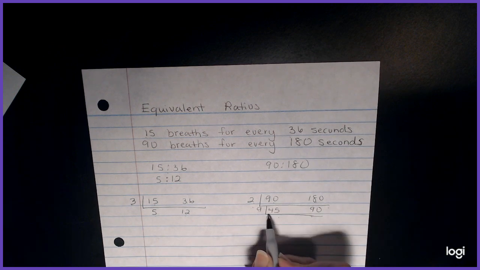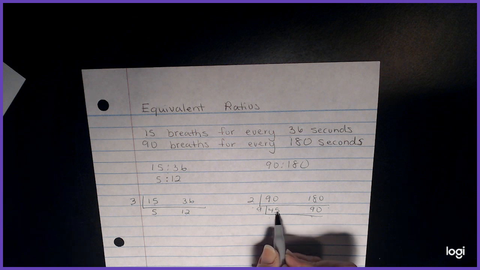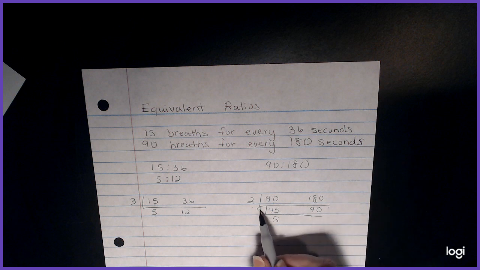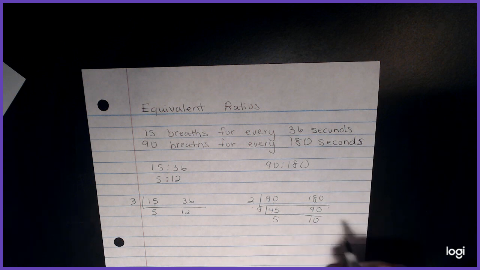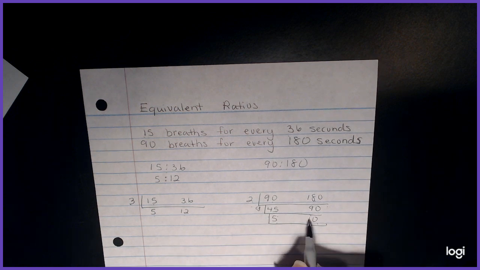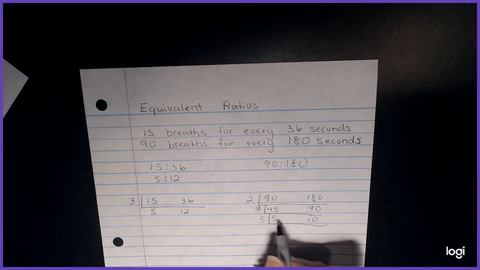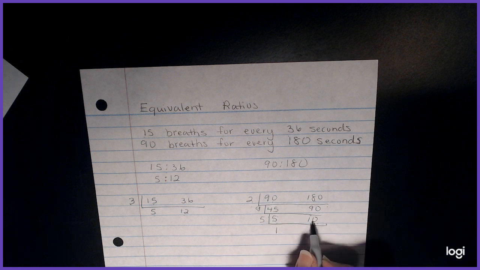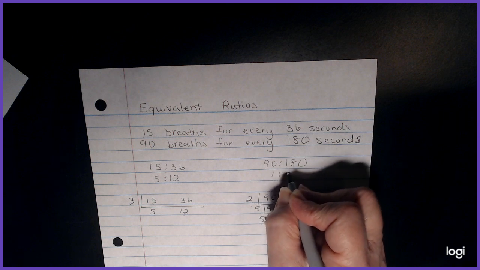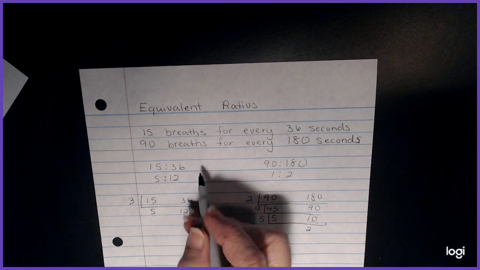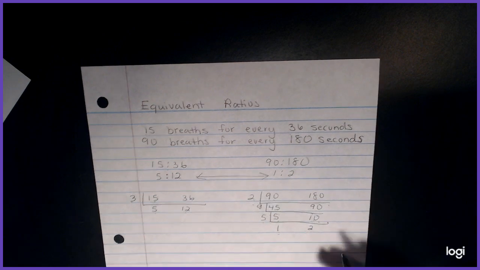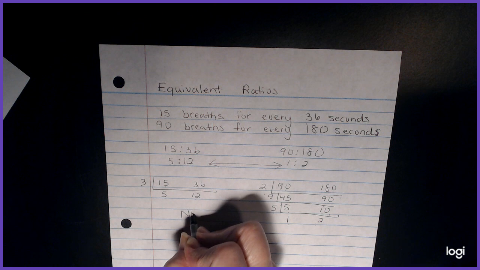Because 9 times 5 is 45. And 9 times 10 is 90. Oh, looks like I can simplify again. 5 goes into both of these. 5 goes into 5 once. And 5 goes into 10 2 times. So I have a ratio here of 1 to 2. That's as simple as I can get. Are these two equivalent? Do they look alike? So no, the answer would be they are not equivalent.